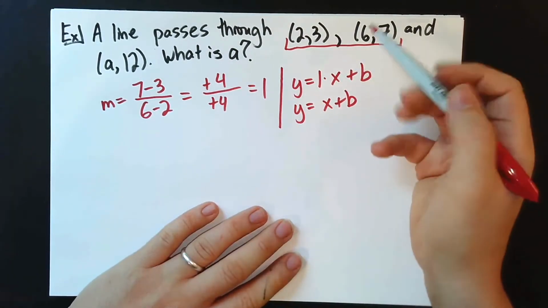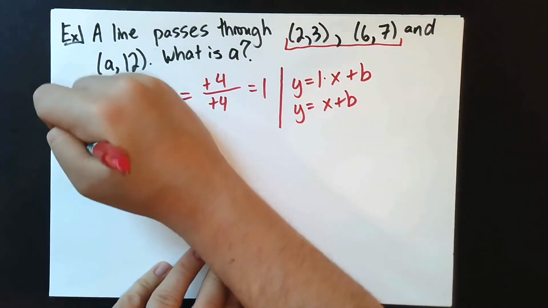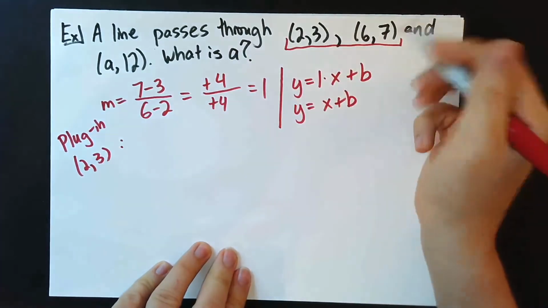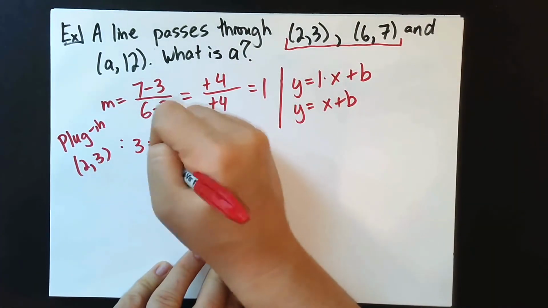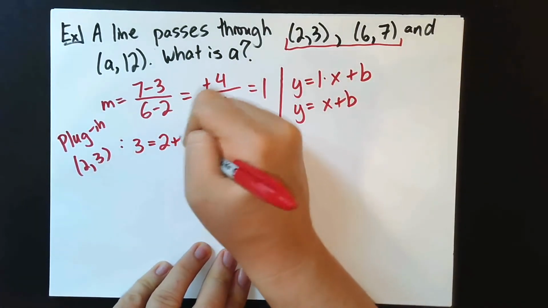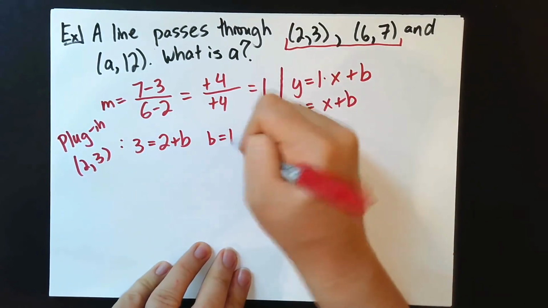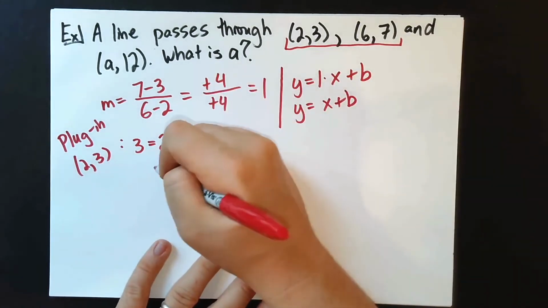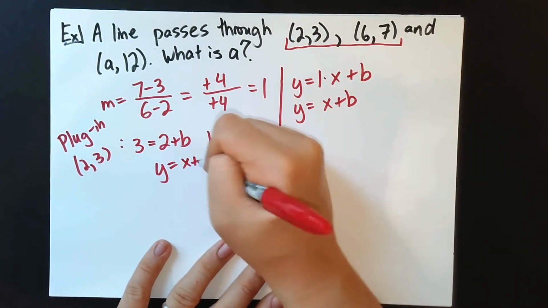And then I could plug in one of these points. I can plug in, say, (2, 3). And I will get 3 = 2 + b. So b is 1. And so that means the equation of my line now is y = x + 1.